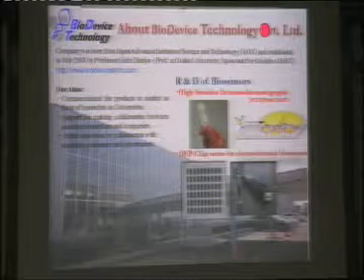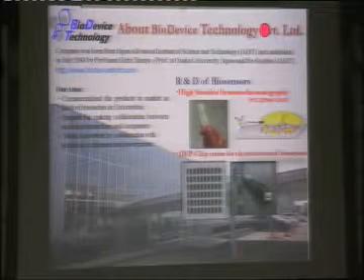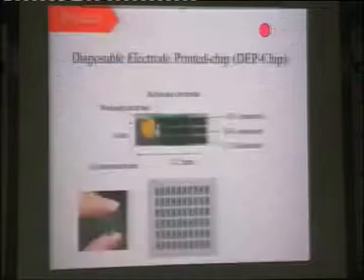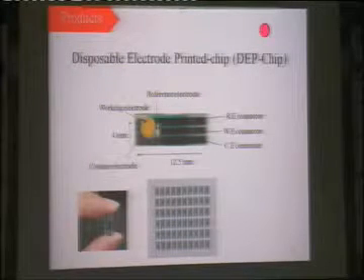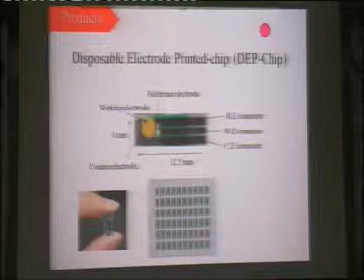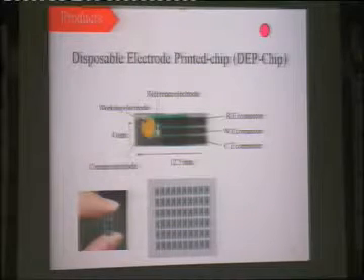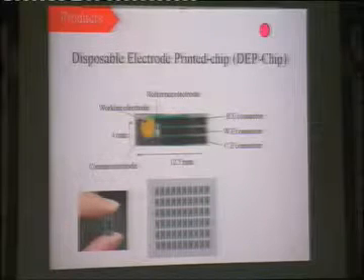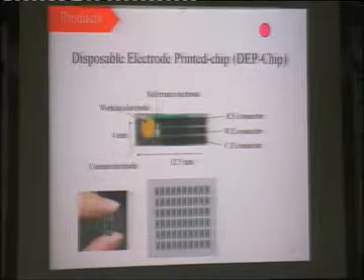This glucose oxidase catalyzes the glucose into hydrogen peroxide and D-glucono-lactone, and the hydrogen peroxide is electrochemically detected. The concentration of the hydrogen peroxide is proportional to the concentration of the glucose. This is the mechanism by which the glucose sensor works.